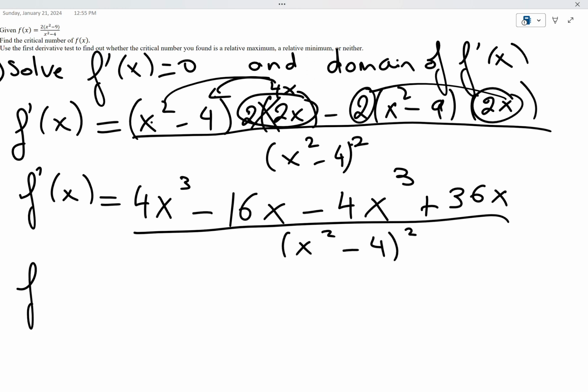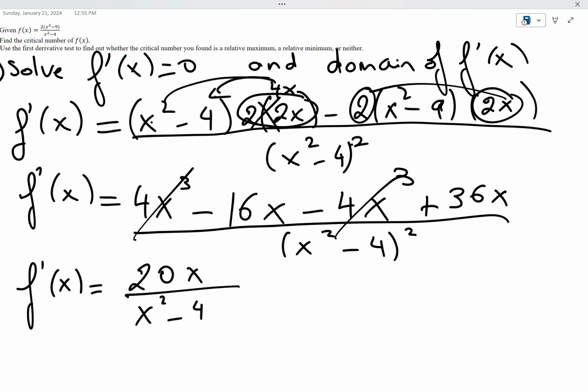So here f prime of x, if we combine like terms, you see the 4x cubed and the minus 4x cubed canceled, and we are left with negative 16x plus 36x, which is 20x, over x squared minus 4 squared.